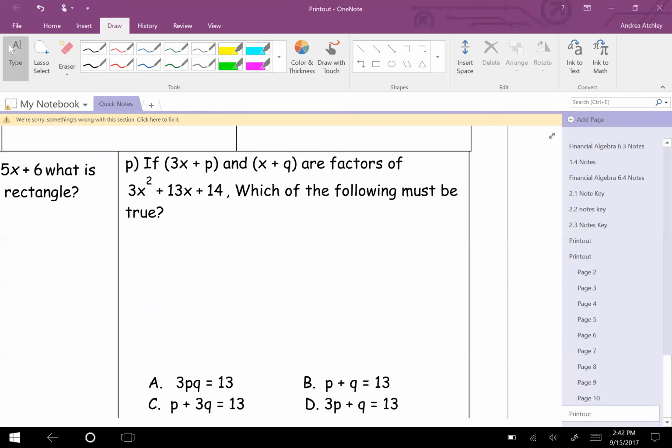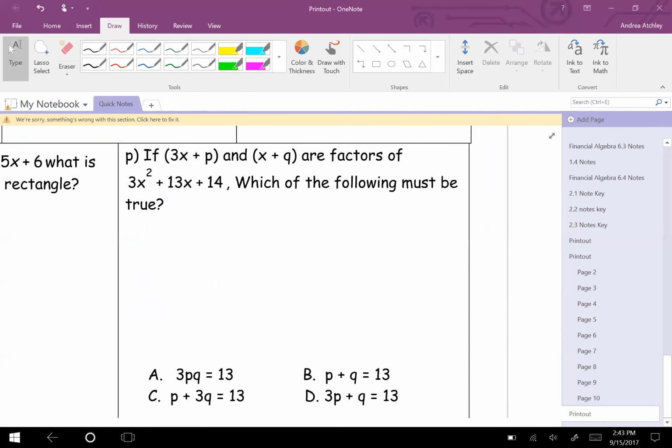Okay, we need to do this last one together. Sorry, guys. Let's do P. It says if 3x plus p and x plus q are factors of 3x squared plus 13x plus 14, which of the following must be true? It looks a lot more complicated than it is.